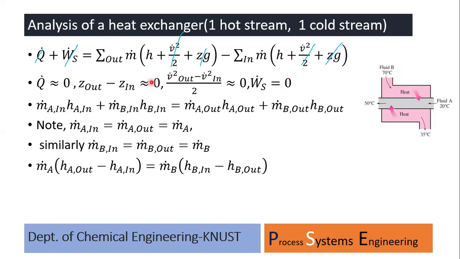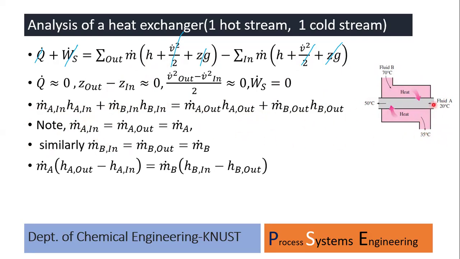And we are saying that because this is going to be balanced, after we cancel out our terms, the mass flow and the enthalpy coming out, if we sum everything, should be equal to what we summed for what was coming in. So mass flow of A coming in times its enthalpy plus mass flow of B coming in times its enthalpy should be equal to the mass flow of A coming out times its enthalpy plus the mass flow of B coming out times its enthalpy, right?